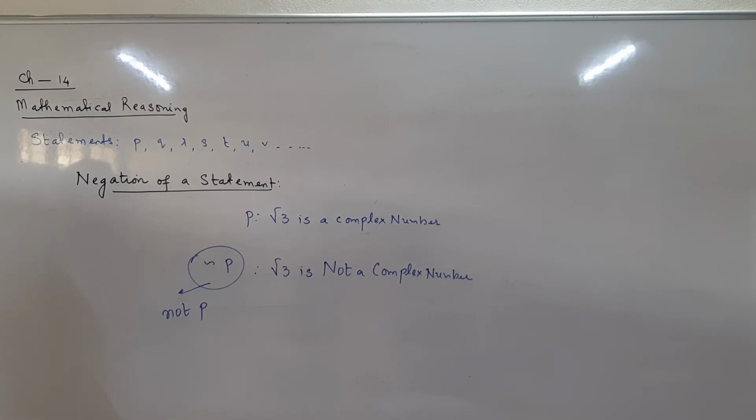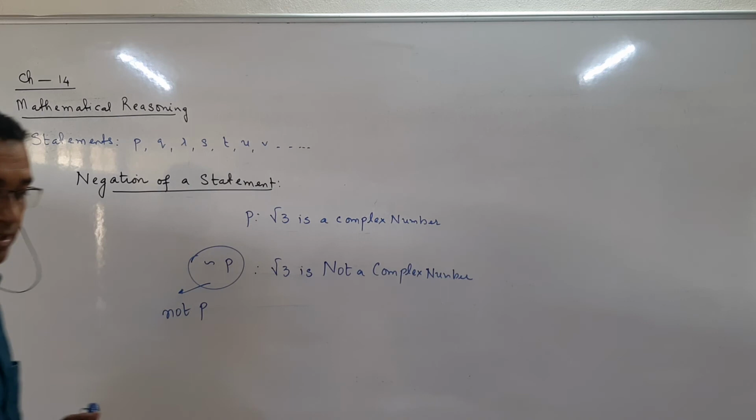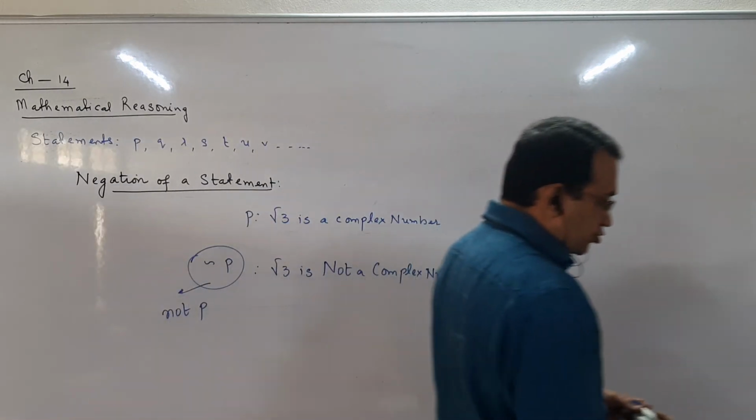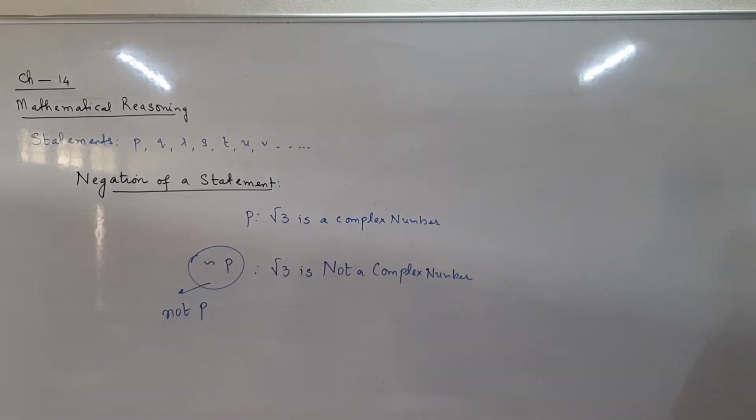So let us revise these two concepts once again. What is a statement? A mathematically accepted statement is definitely either true or false, but not both at a time. If in some cases it is true and in some cases it is false, it is not a statement, it is a sentence.